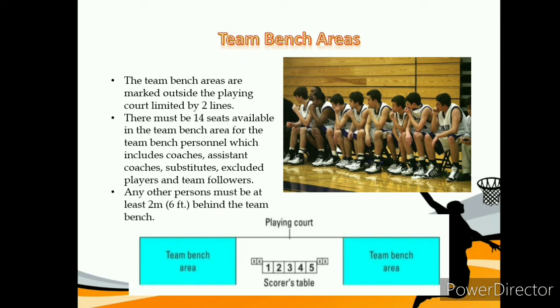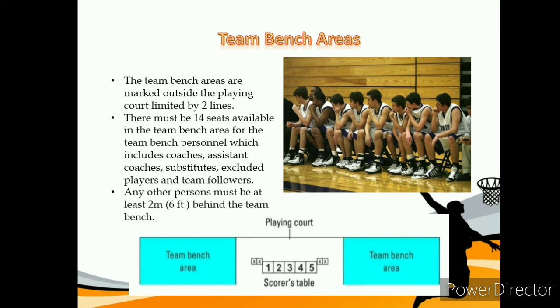So according to the rules, the team bench areas are marked outside the playing court, limited by 2 lines. And there must be 14 seats available in the team bench area for the team bench personnel, which includes coaches, assistant coaches, substitutes, excluded players, and team followers. This area also includes the rest of the people who are part of the playing team.